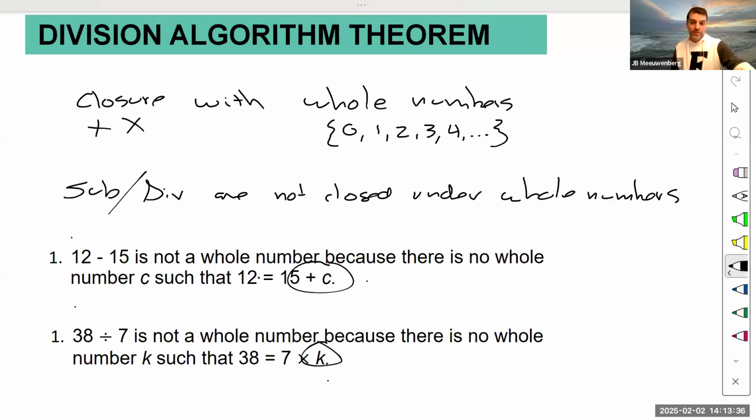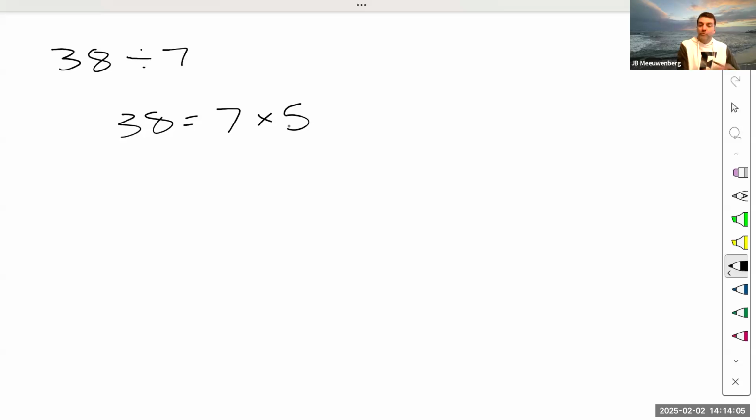Now, sometimes we do need to solve problems that involve division, even though it's not a whole number. And so we end up with remainders. The example you just saw was 38 divided by 7. So what do we do? Well, we say 38 is equal to 7 times 5, which gets us up to 35, plus there's an extra 3 there.